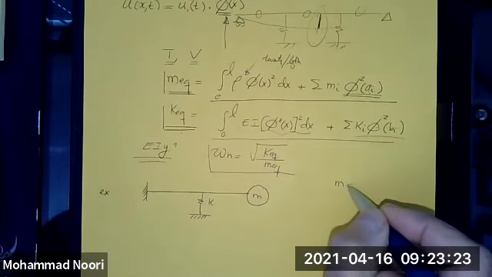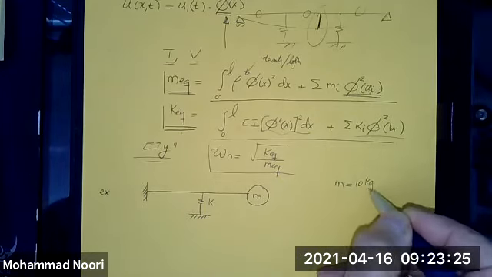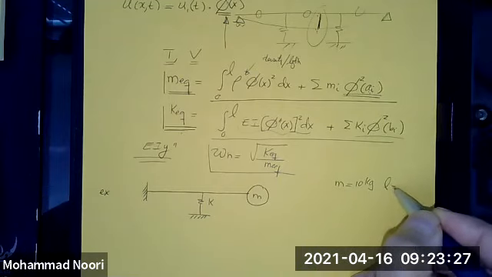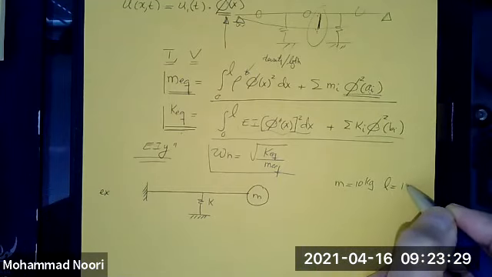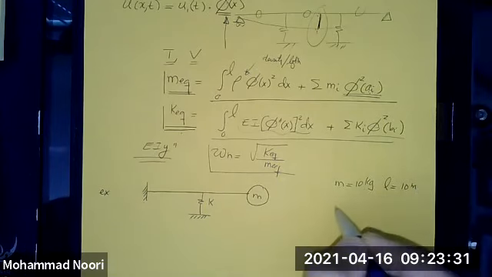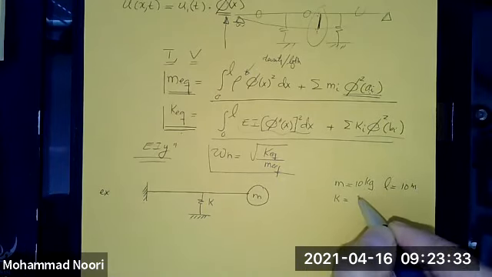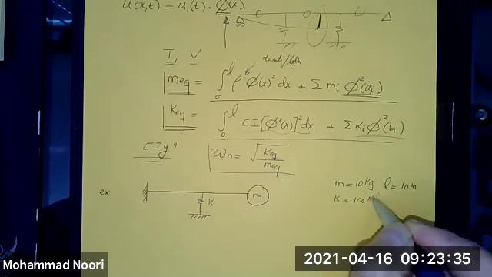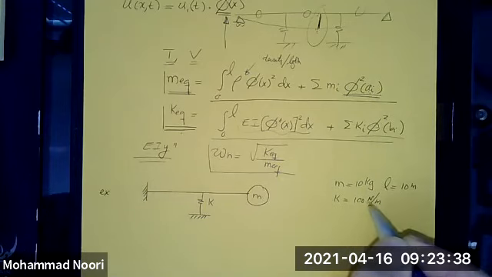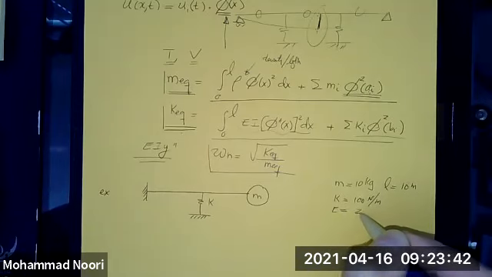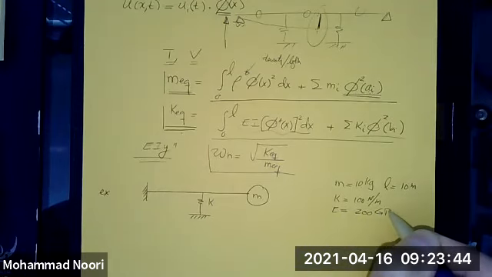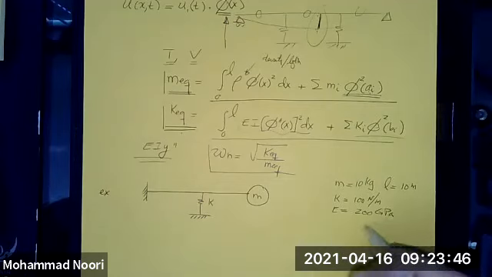So mass is given as 10 kilograms. Length of this beam is given as 10 meters. The stiffness is 100 Newton per meter. Modulus of elasticity is given as 200 gigapascal, and the cross section is given as 10 centimeter by 1 centimeter.